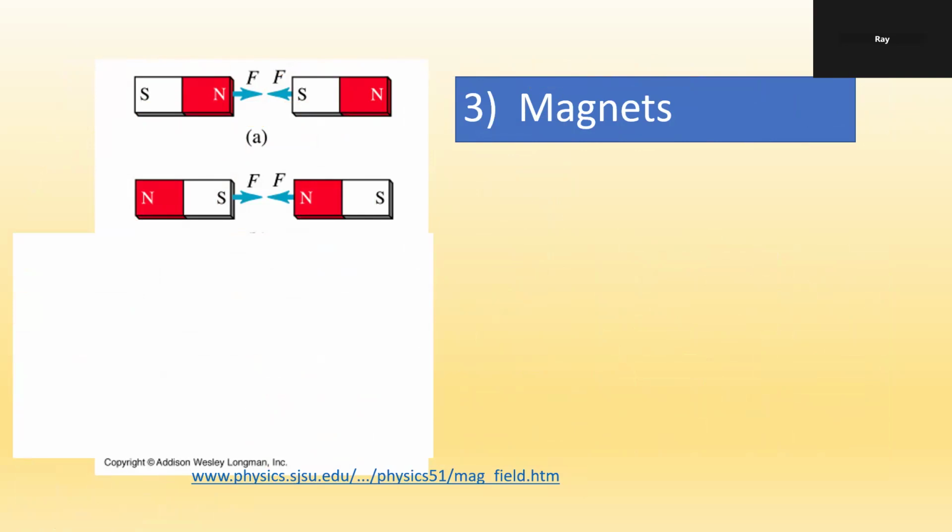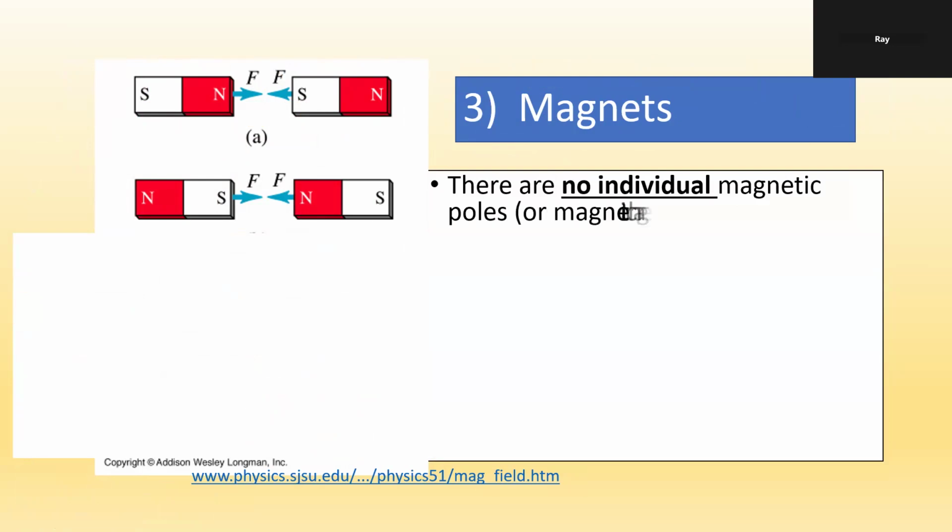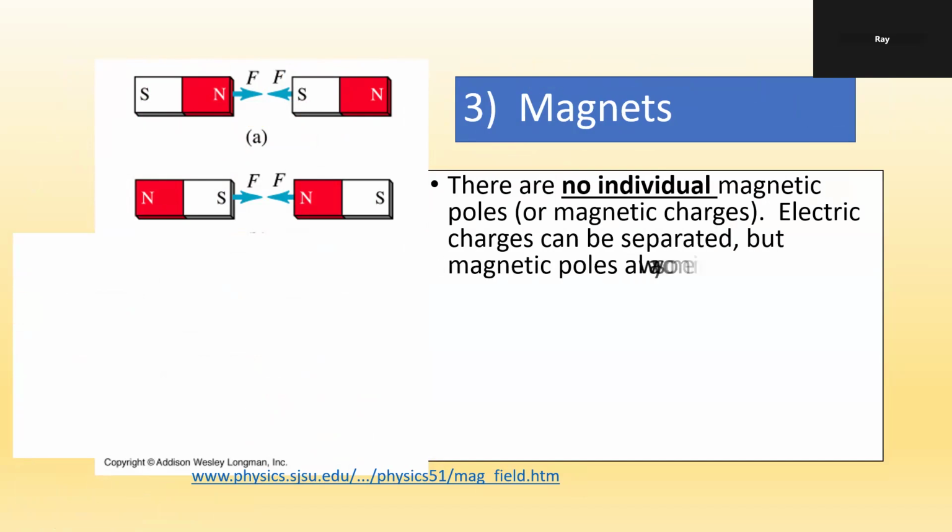Okay, review your lower form work. There are no individual magnetic poles or magnetic charges. Electric charges can be separated, but magnetic poles always come in pairs, north and south, right? But of course, scientists will be trying to separate that. North separate and south separate.